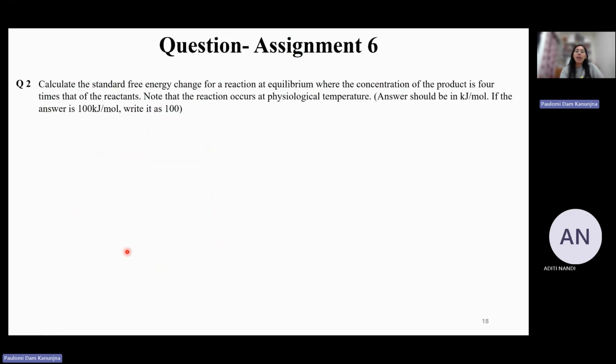Let's do this. It says calculate the standard free energy change for a reaction at equilibrium where the concentration of the product is 4 times the reactant's, and the temperature is physiological temperature.